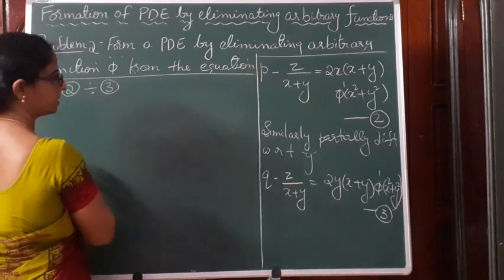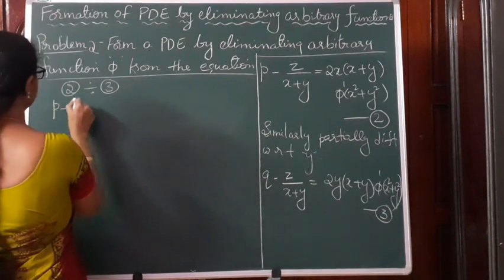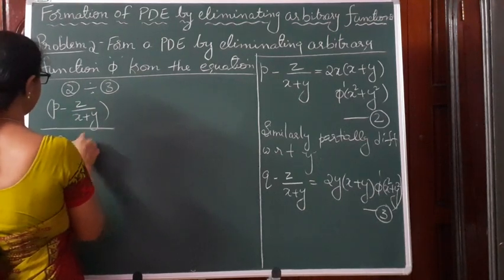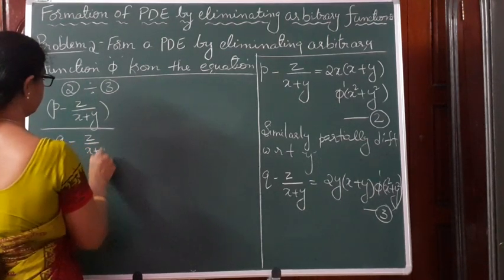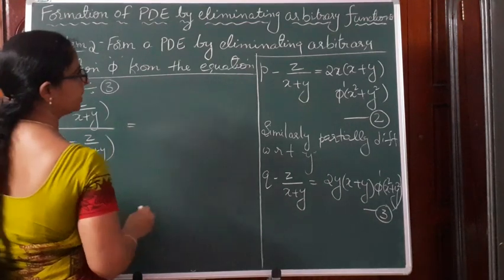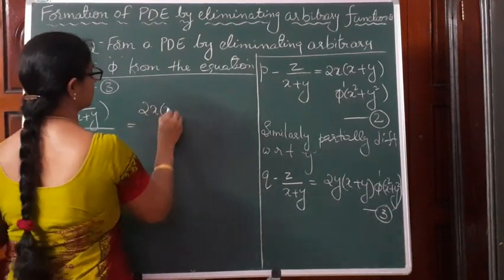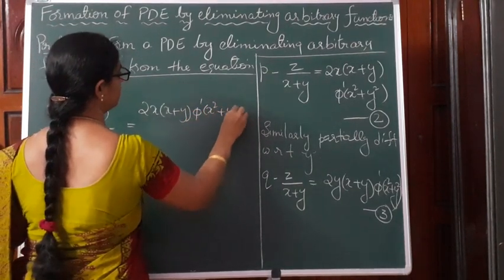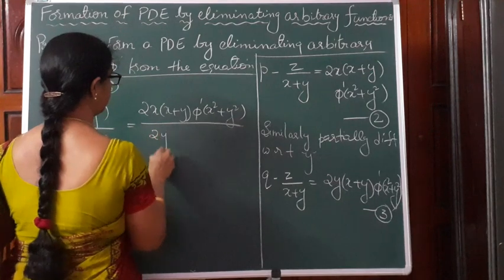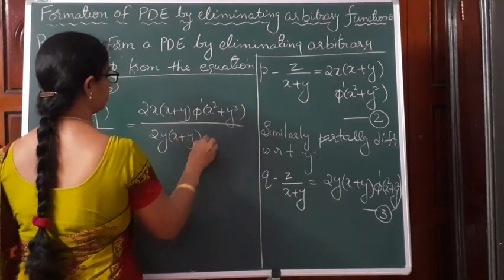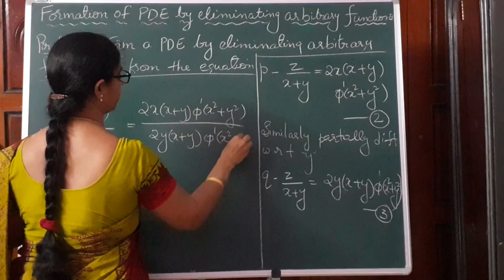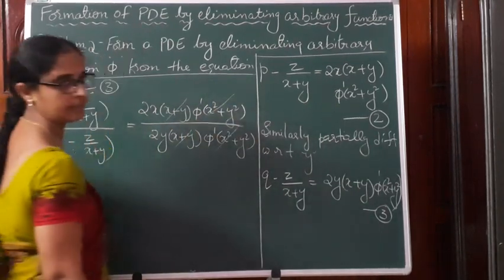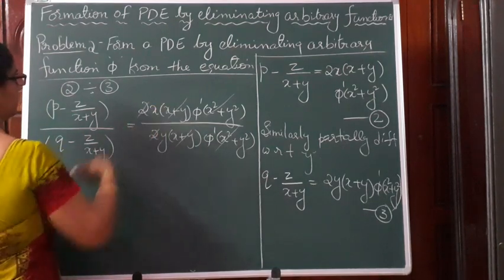2 by 3 gives p minus z by x plus y, divided by q minus z by x plus y, equal to 2x into x plus y into phi dash of x square plus y square, divided by 2y into x plus y into phi dash of x square plus y square. Now x plus y and phi dash of x square plus y square can be cancelled, and 2 can also be cancelled.